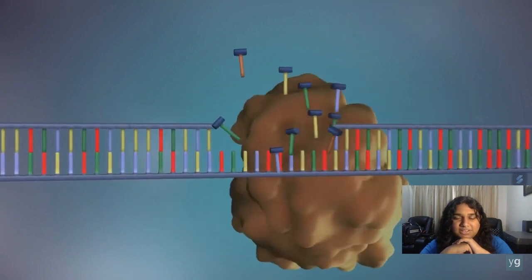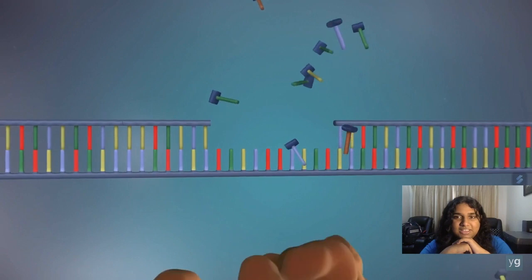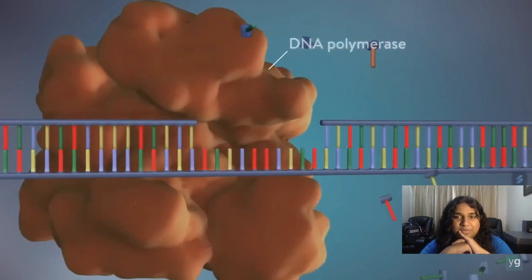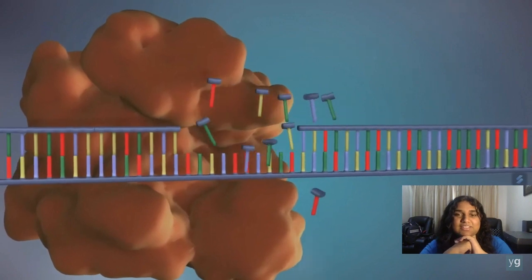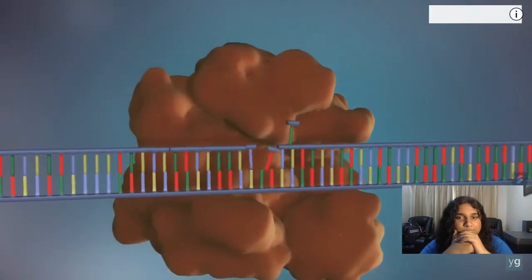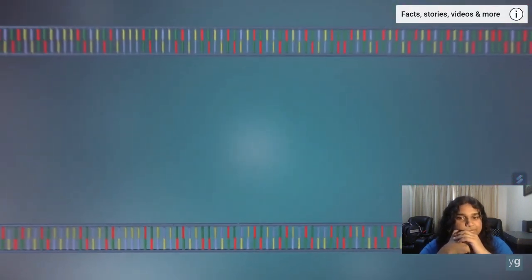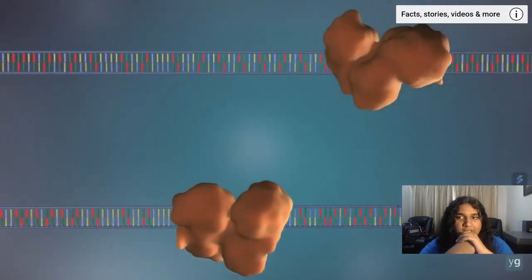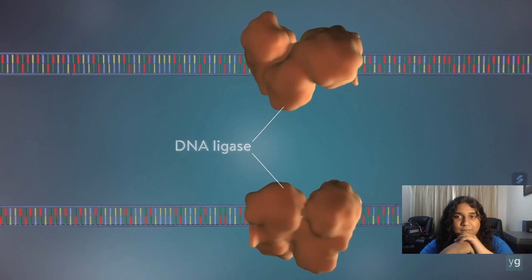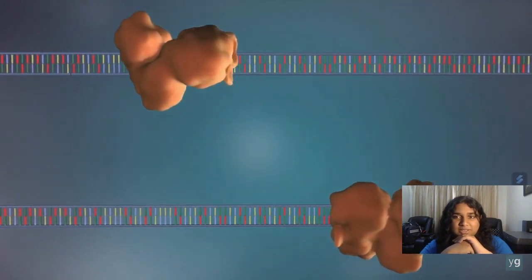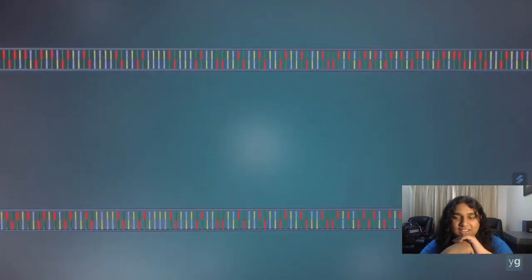Exonuclease is something that you don't need to know about, but essentially it gets rid of the primer and DNA polymerase can come in and replace everything with DNA. After that, DNA ligase will come in and seal all of the bonds between the leading strand and the lagging strand.